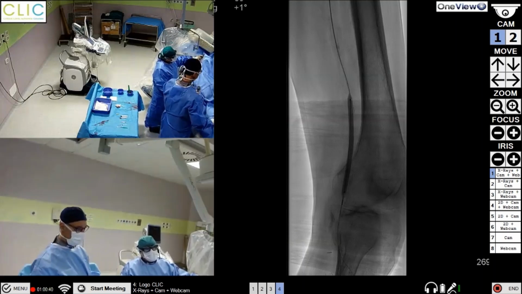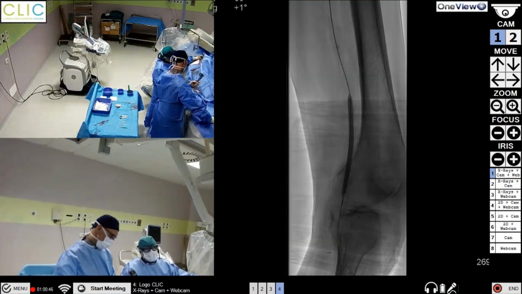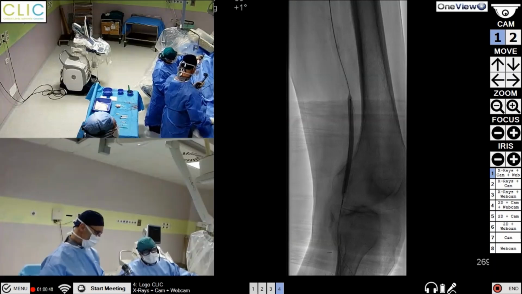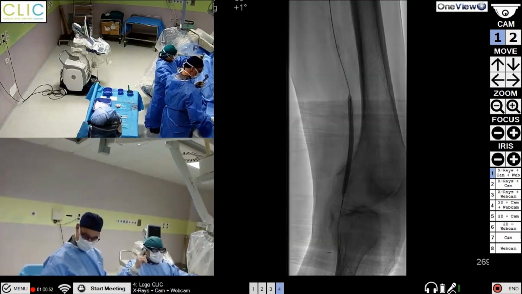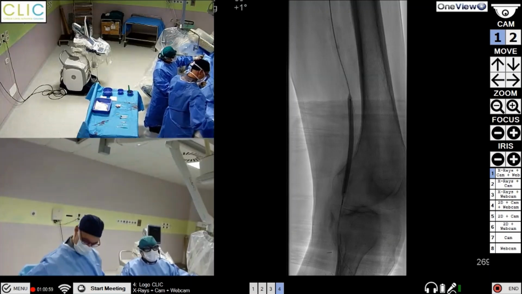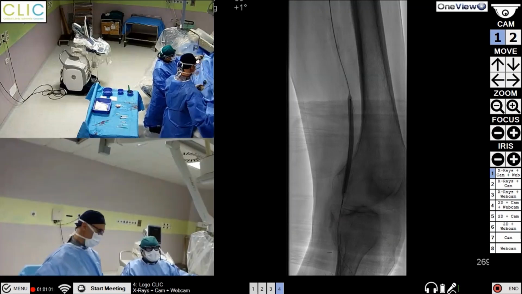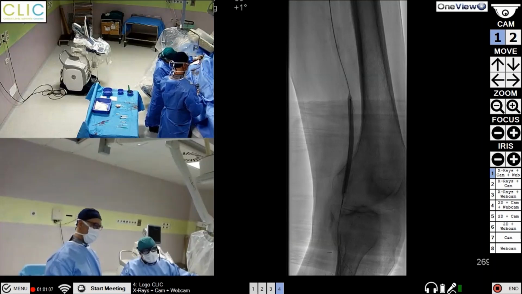So again, I'm not sure about directional atherectomy, at least you have to do many passages circumferentially in all the quadrants of the vessel, and probably rotational atherectomy could be another option. Yes, we could evaluate. Okay.